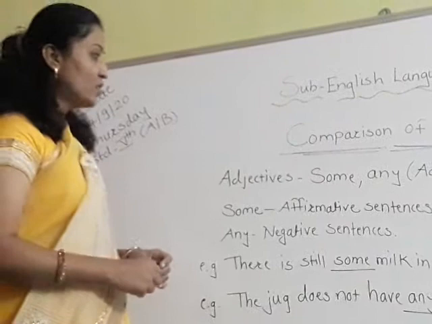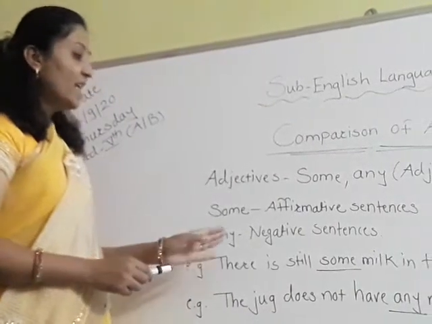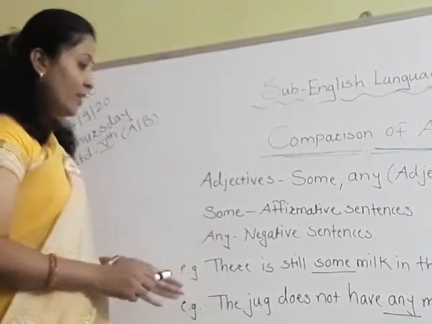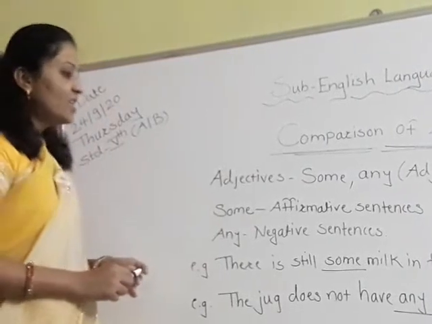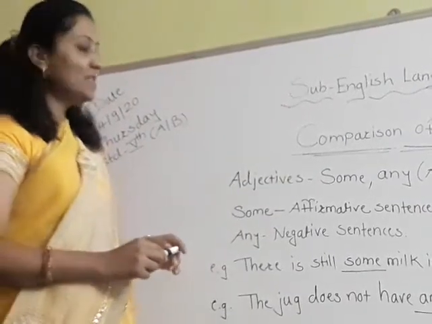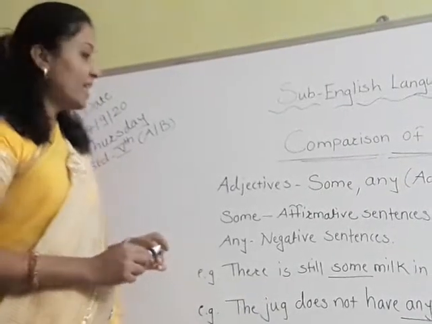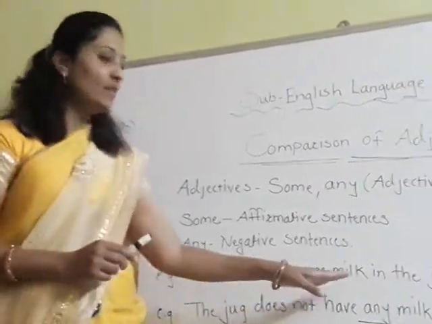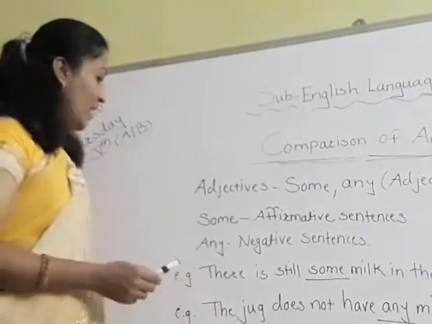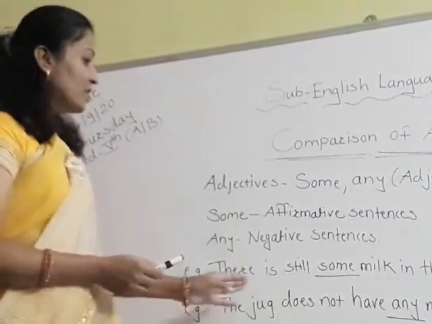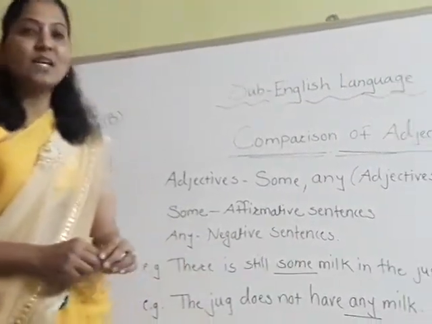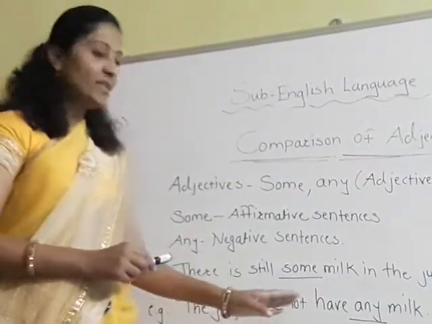Okay, so have you understood? It tells us the quantity. There is still some milk in the jug. It means that this word some is indicating here the quantity of milk left in the jug, and the jug does not have any milk. It means that this is the negative sentence.